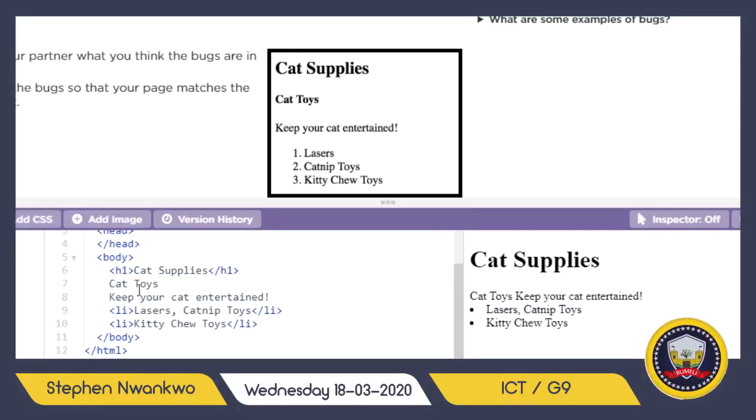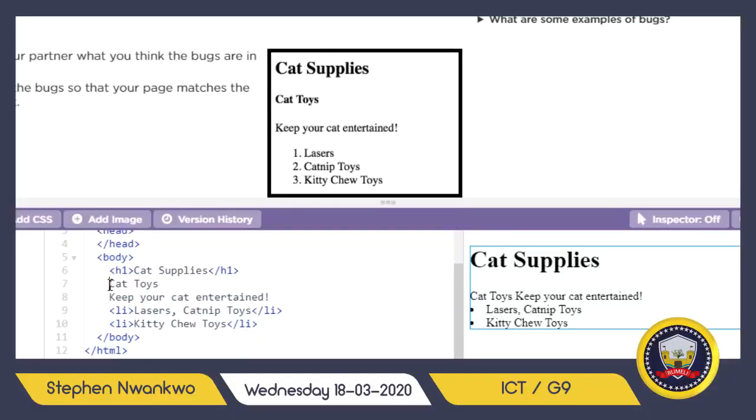Now the second one is cat toys. Over here you have cat toys, keep your cat entertained. So what you do here is to add a header tag to the cat toys. So we have the big header as header 1, and cat toys and cat supplies have different sizes.